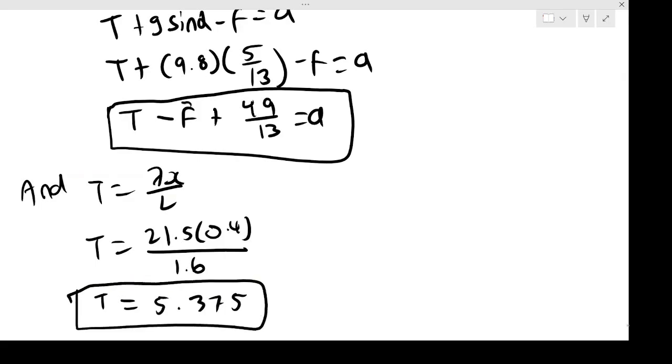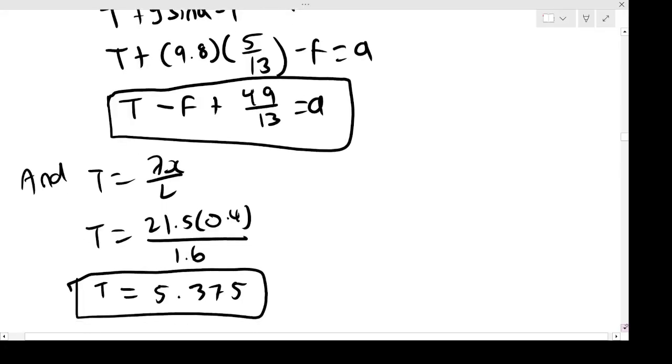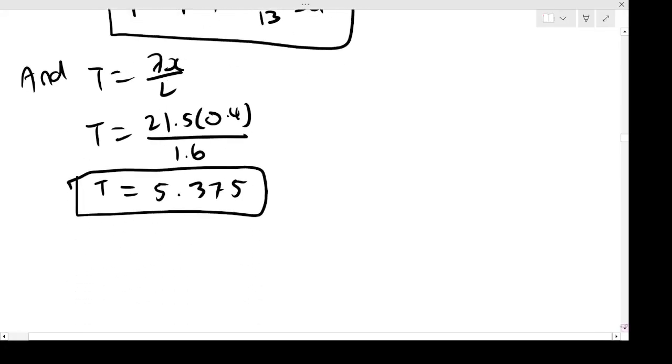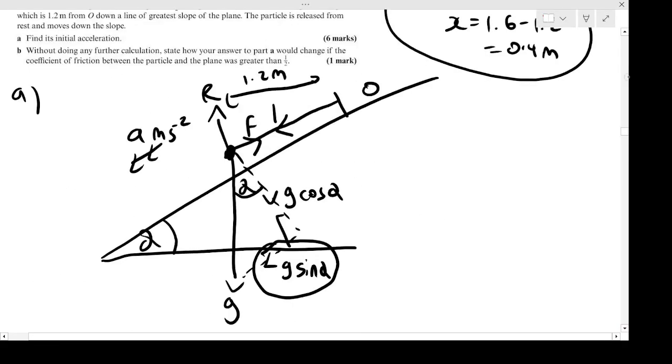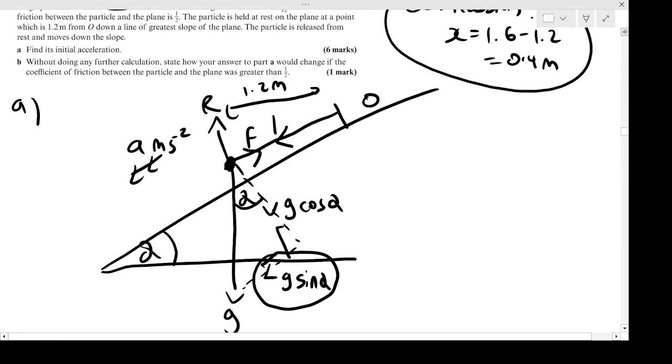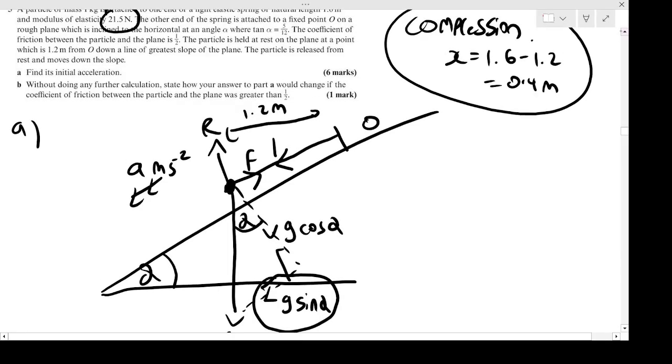But of course we also need to find friction in order to find A. I can also then do F equals mu R, right? Because I also know my coefficient of friction is a half. Okay, so mu is a half.